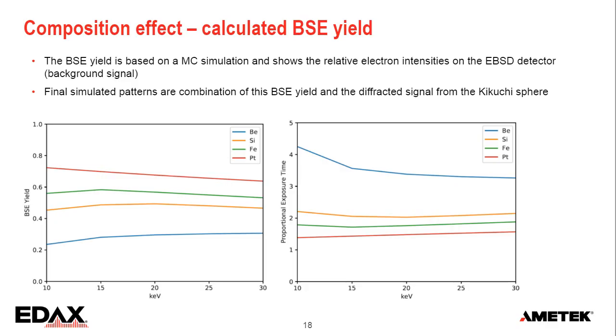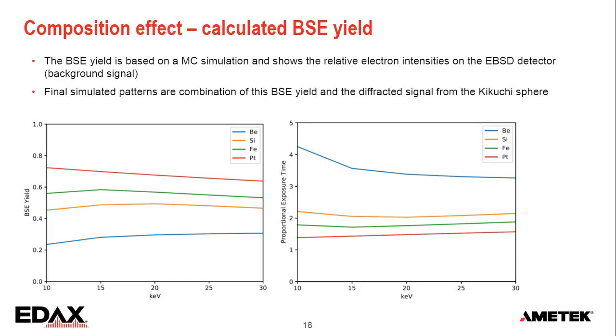These simulations also allow us to quantify that. This is with about 900 picoamp, so that is an indication of the electron dose as function of the voltage. And here we have the backscatter yield. So of course we have a higher yield with a higher atomic number, but you can also see that we have a drop in backscatter yield, so in backscattered electrons, when we lower the kV.